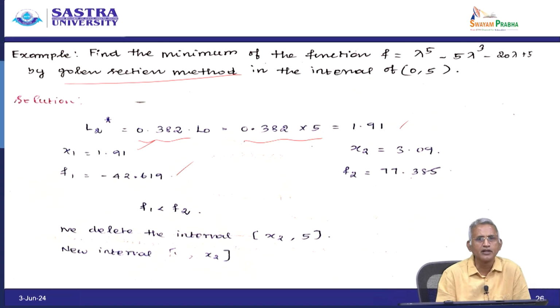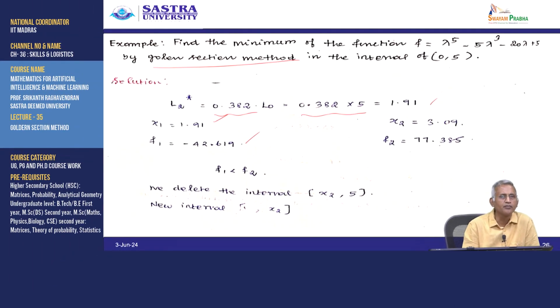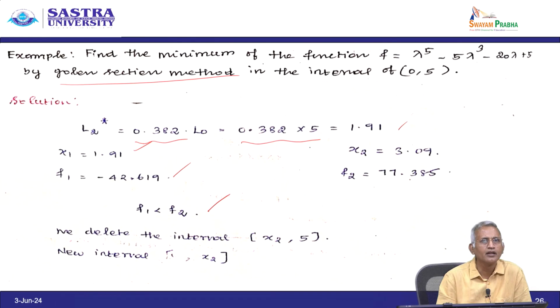So, f2 equal to 77.385 will come. Now, compare f1 and f2. f1 is less than f2. Therefore, delete the interval x2 comma 5. So, the new interval x0 is 0 comma x2.